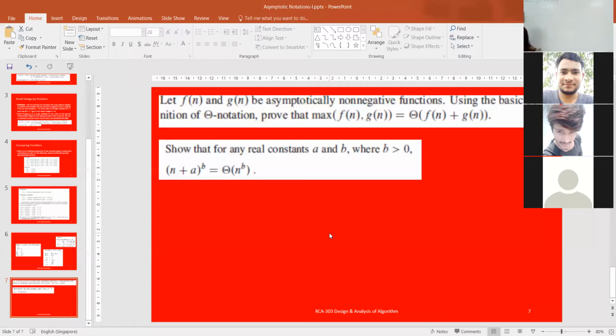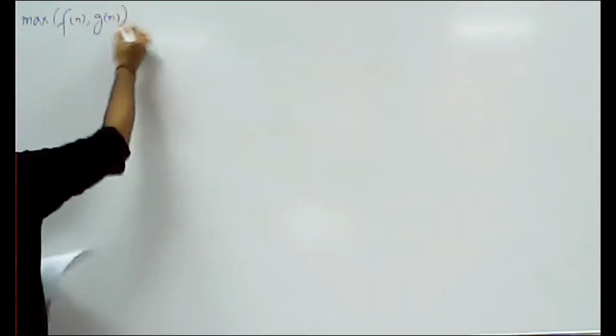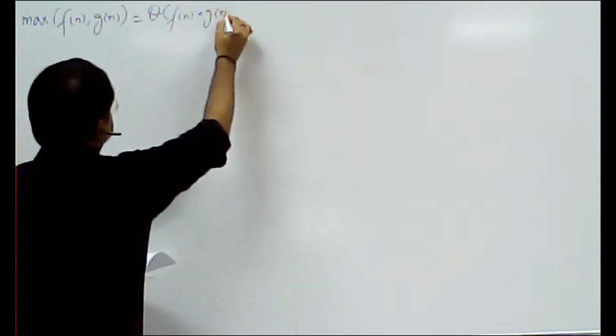If you remember, I have already told you how to prove that a particular notation is theta notation. Let me write it here. We have to prove that max of f(n), g(n) is equal to theta of f(n) plus g(n).